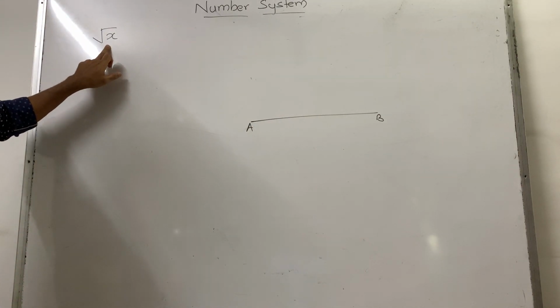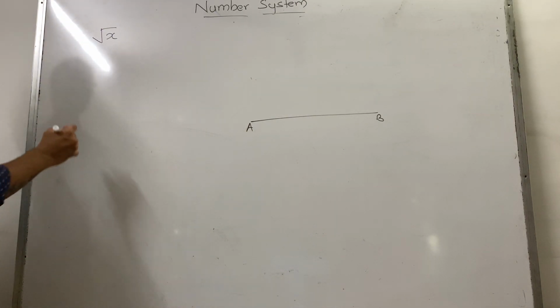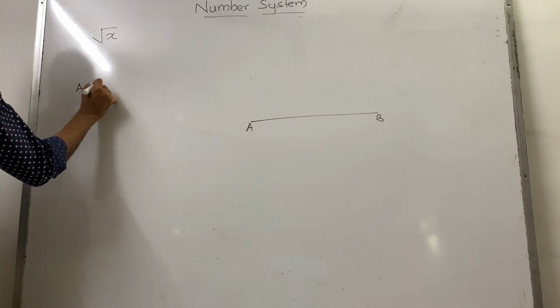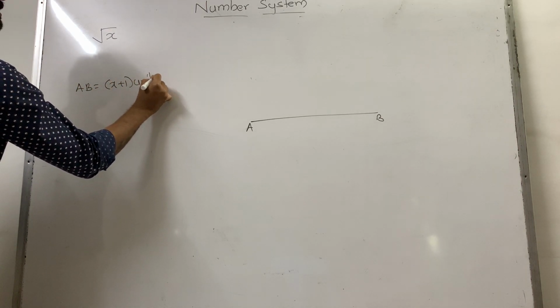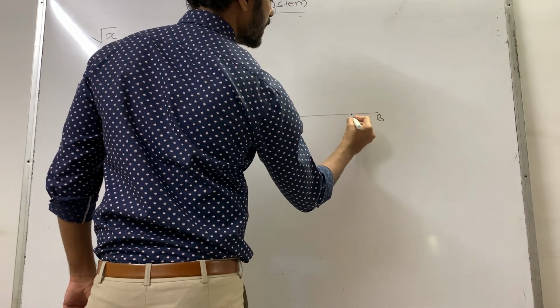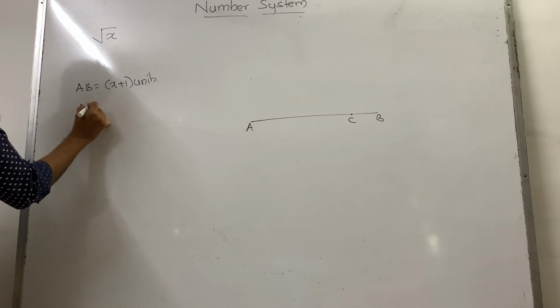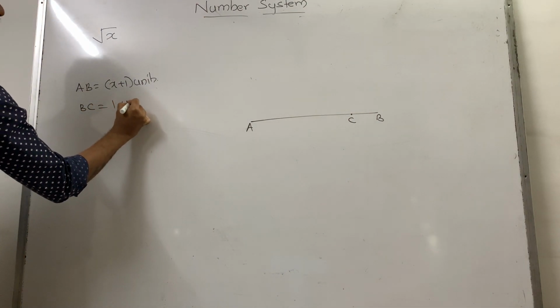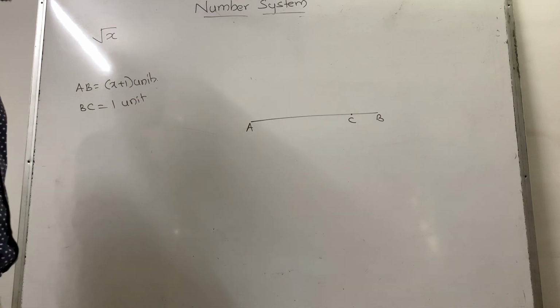If x is 8.3, AB would be 9.3. So AB would be x plus 1 units. Step 2, mark C on AB such that BC equals 1.